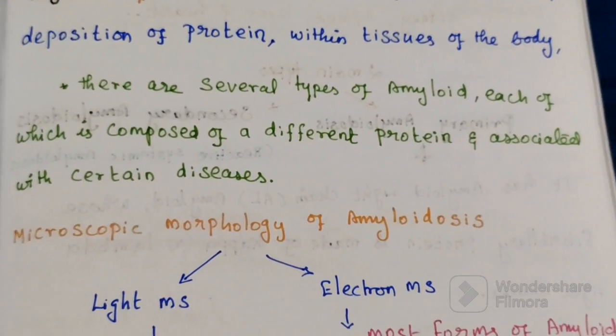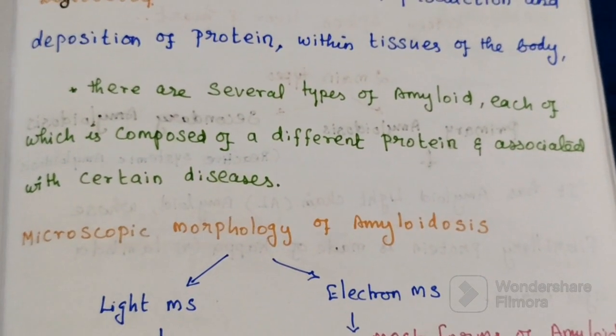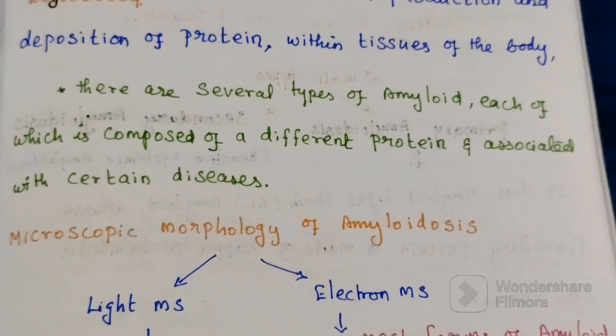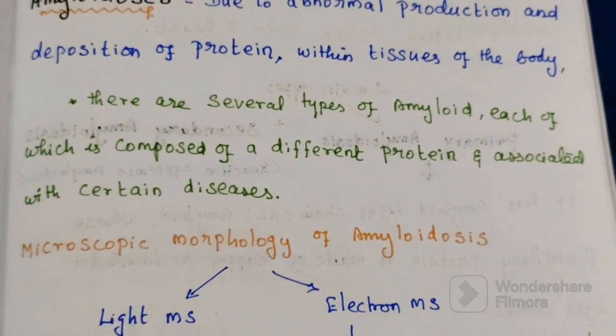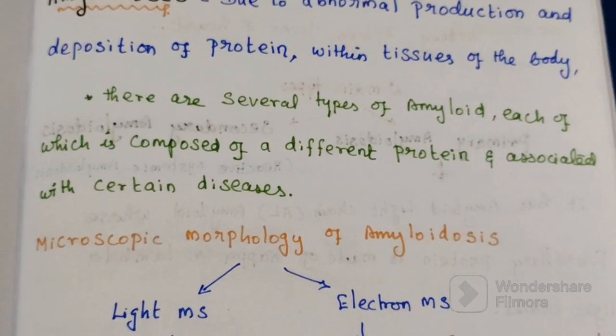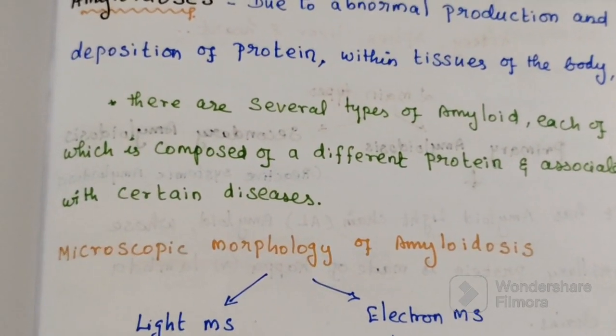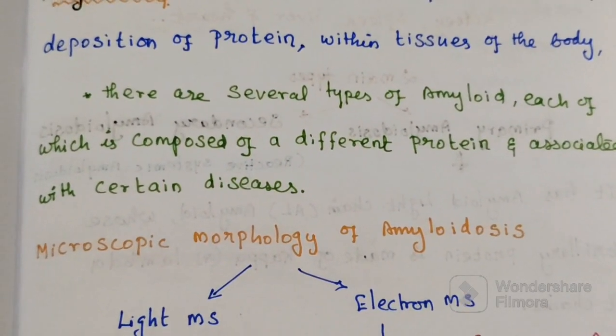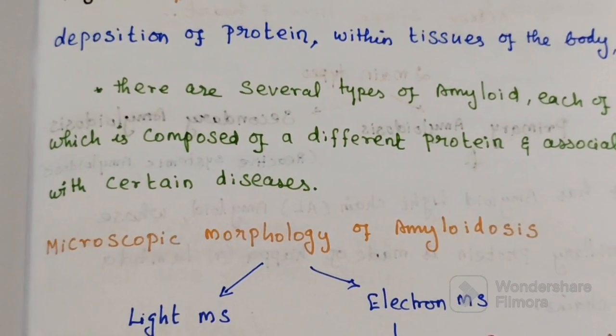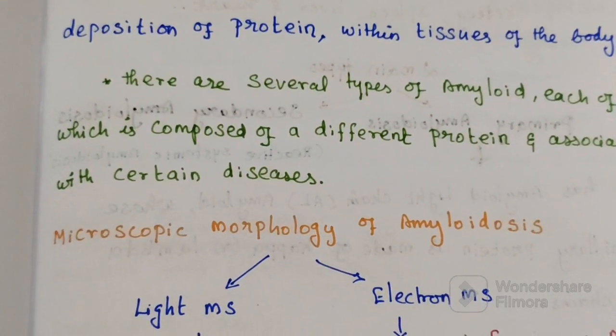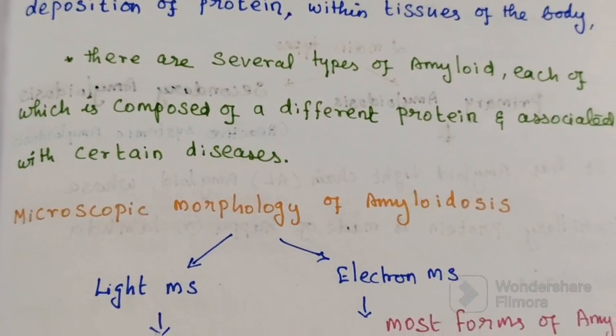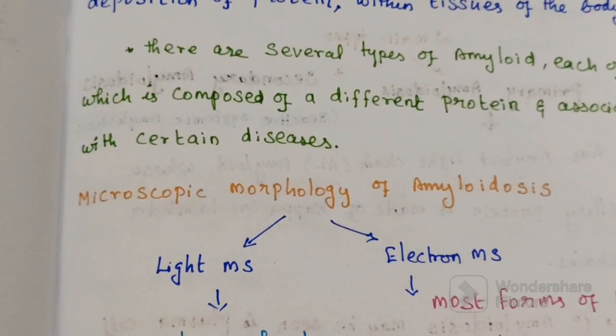There are several types of amyloidosis, each composed of different proteins and associated with different diseases.